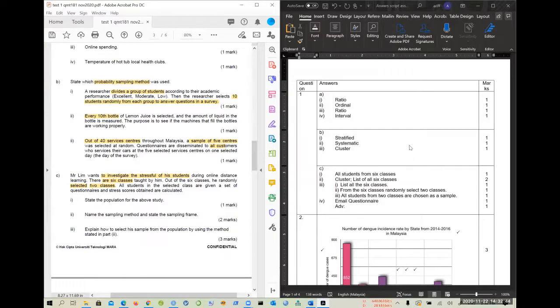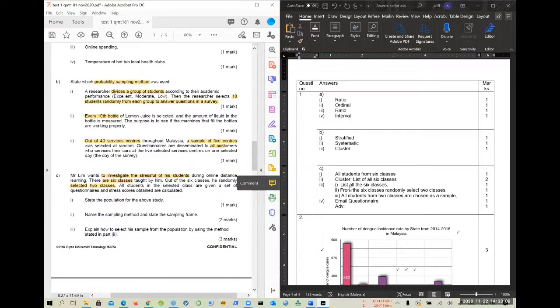And then the second one, dia nakkan sampling method. So kalau dia tanya, let's say in this case they state the population and the sampling frame. So your population will be all students from 6 classes, but the sampling frame is not list of all students. The sampling frame will be list of all the 6 classes.